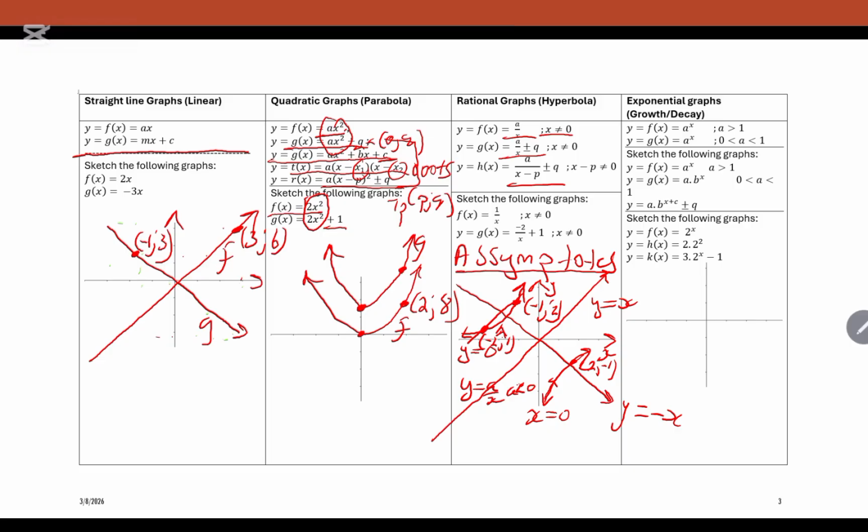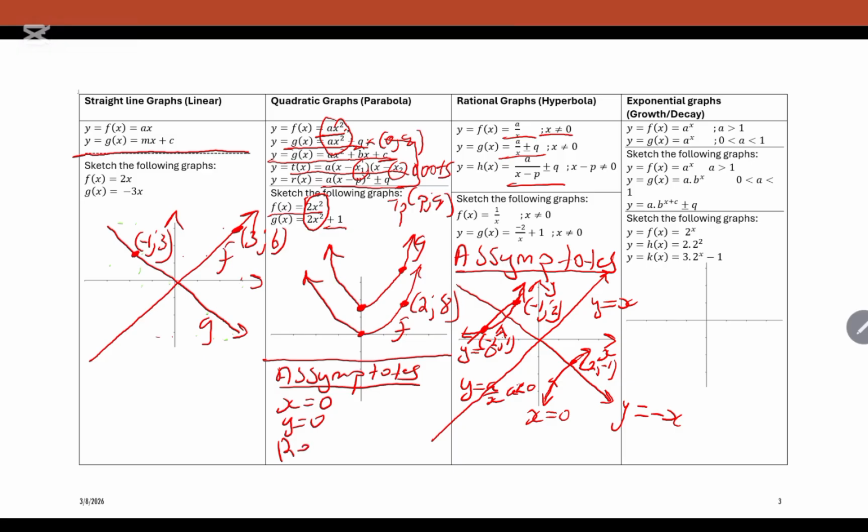I am just going to put this in order without these graphs. We said the equation has the asymptotes, which are x is equal to 0 or y is equal to 0.